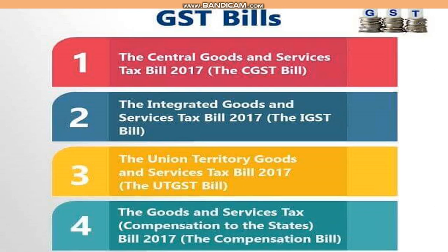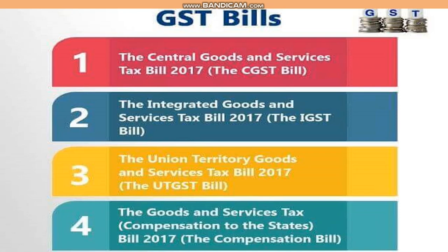The Central Goods and Services Tax Bill was passed in the year 2017. Like that, the Integrated Goods and Service Tax Bill 2017 was passed in Parliament. The Union Territory Goods and Service Tax Bill 2017 was also passed.